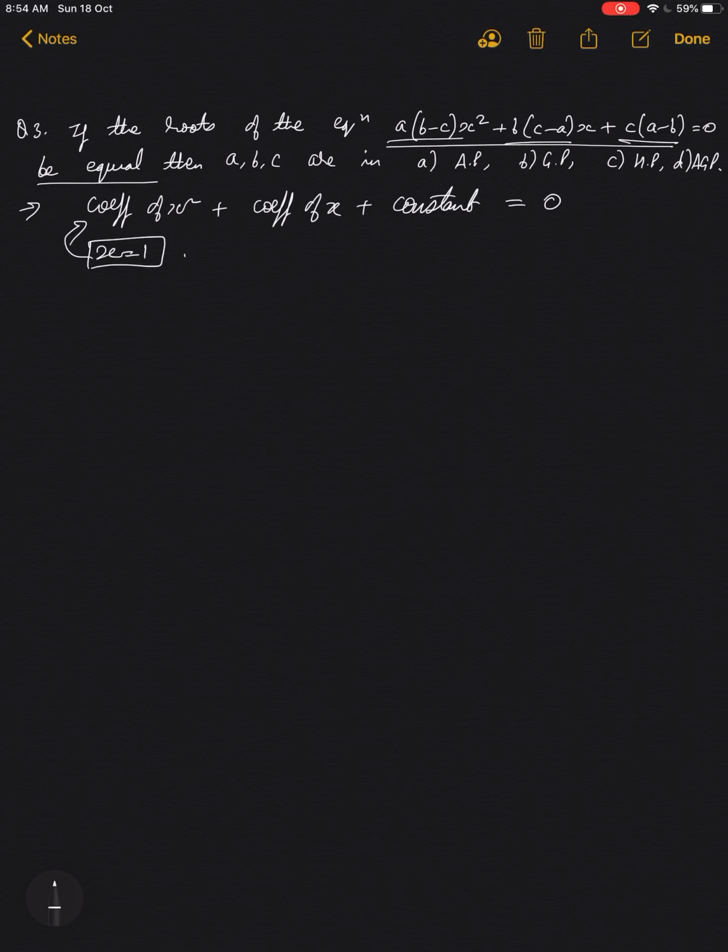Now in this case, because of cyclic order, we'll check whether a(b minus c) plus b(c minus a) plus c(a minus b) is equal to 0. We can verify. We have plus ab, here we have minus ab; we have minus ac, here we have plus ac; we have plus bc, we have minus bc. So the total is 0. That means x equal to 1 is a root and both the roots are equal. That means the second root is also 1.